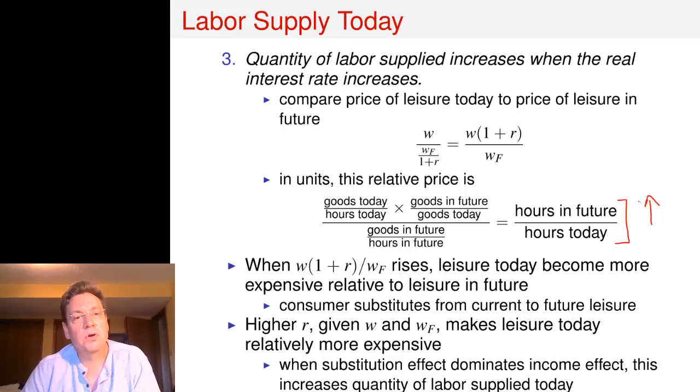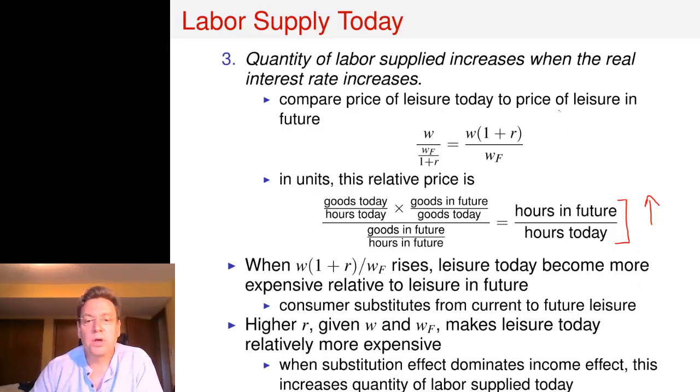And so consumers are going to want to substitute out of leisure today and into leisure in the future. This is what we call intertemporal substitution of leisure. So that just means you're substituting leisure across time.